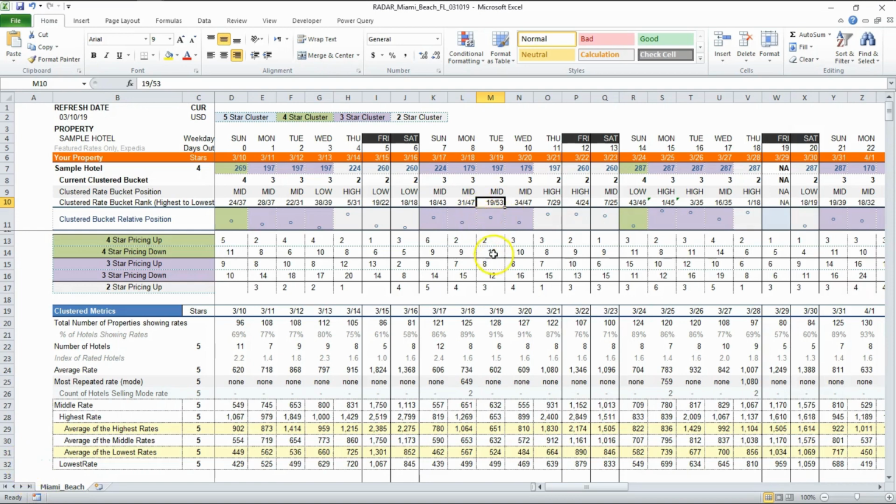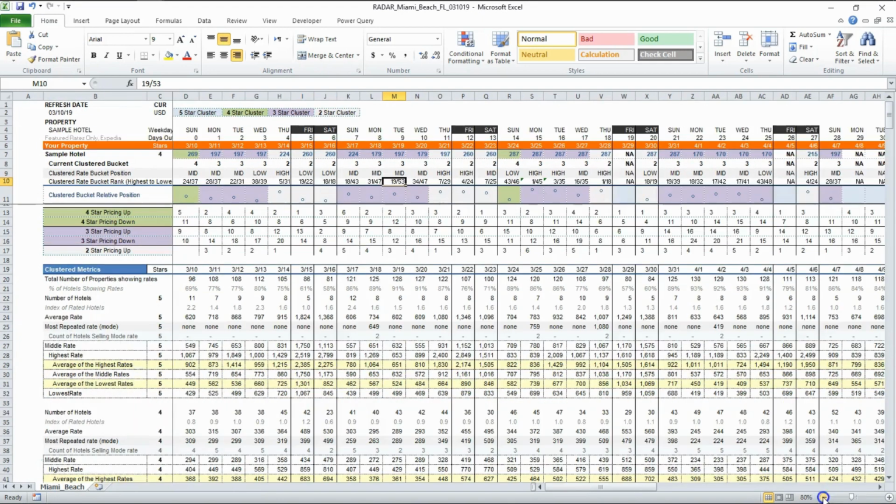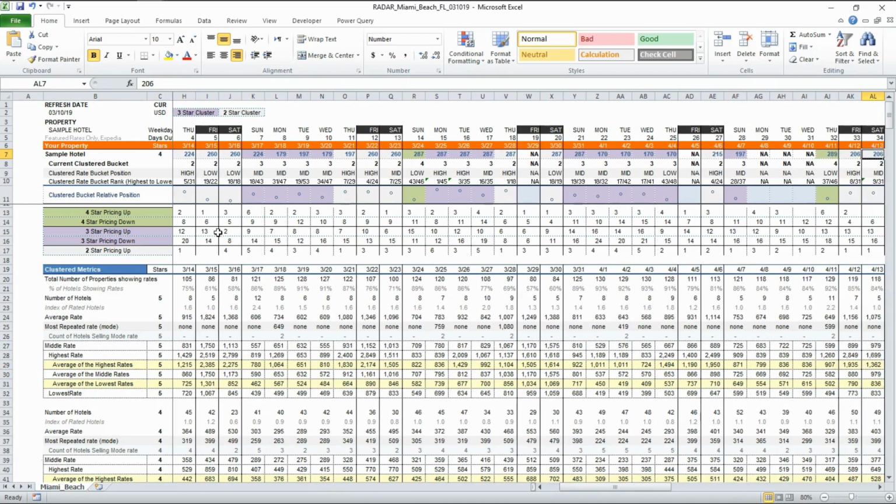Graphically, you can see that the rate is almost right in the middle of the 3-star bucket. So once again, the focus of the radar report is to put your featured rate within the context of what everybody else is charging in the market. That point of view is more in line with how potential guests shop online than if you simply analyze your rate by only comparing it to your limited comp set.